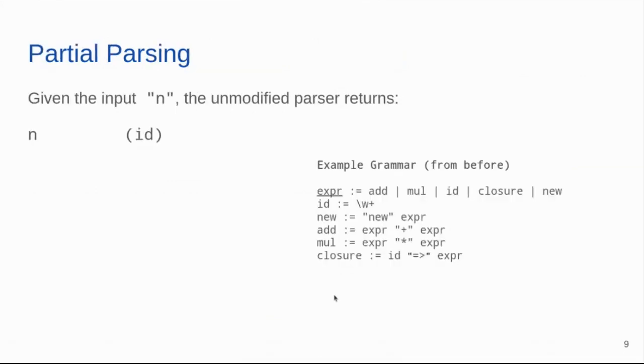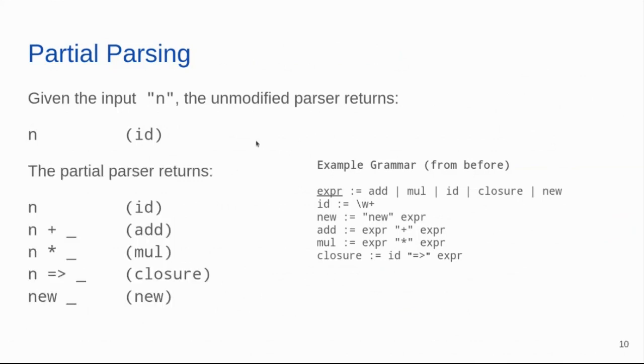All right, so given an input such as the character n and an unmodified parser for this grammar, what would it return? Well, most likely, and in all implementations, just the ID parse node with just that letter. This is the exact singular tree that we can form given the regular parsing algorithm.